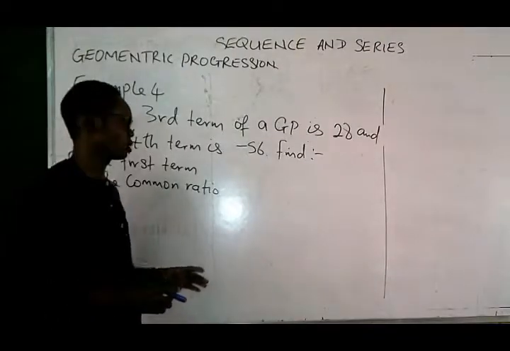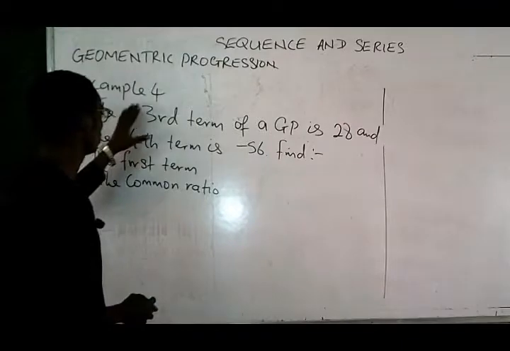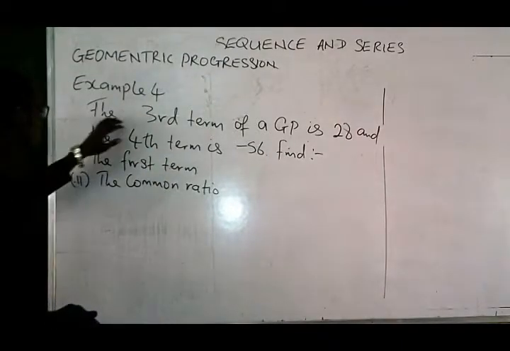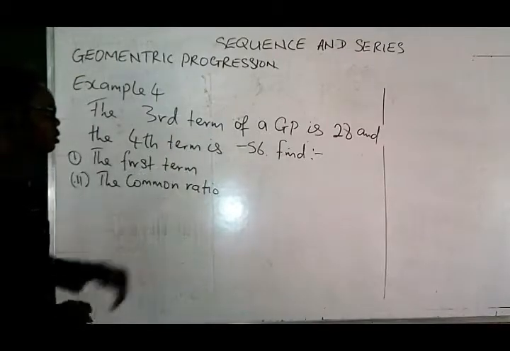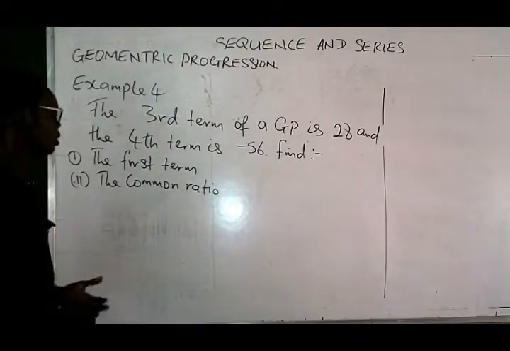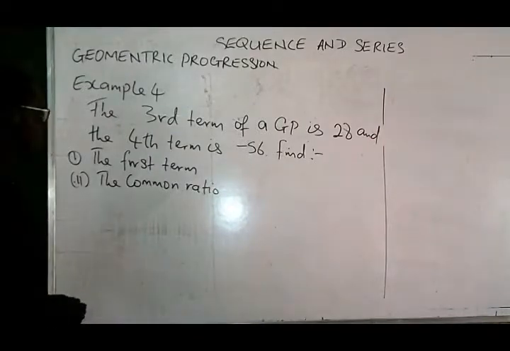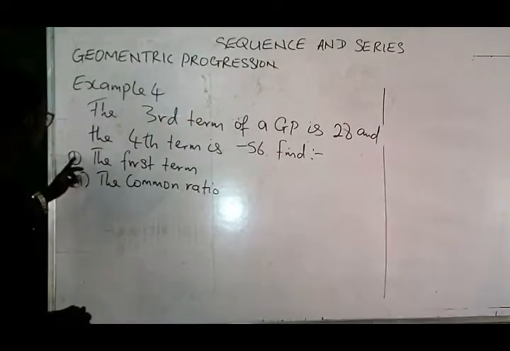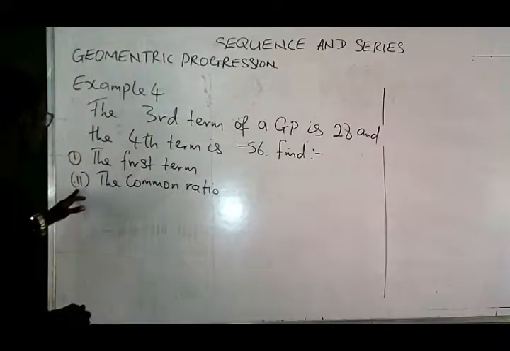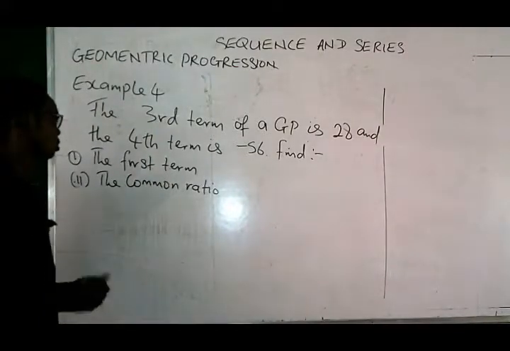Now here is another example, example 4, and it says the third term of a GP is 28 and the fourth term is minus 56. Find, Roman figure 1, the first term, Roman figure 2, the common ratio.